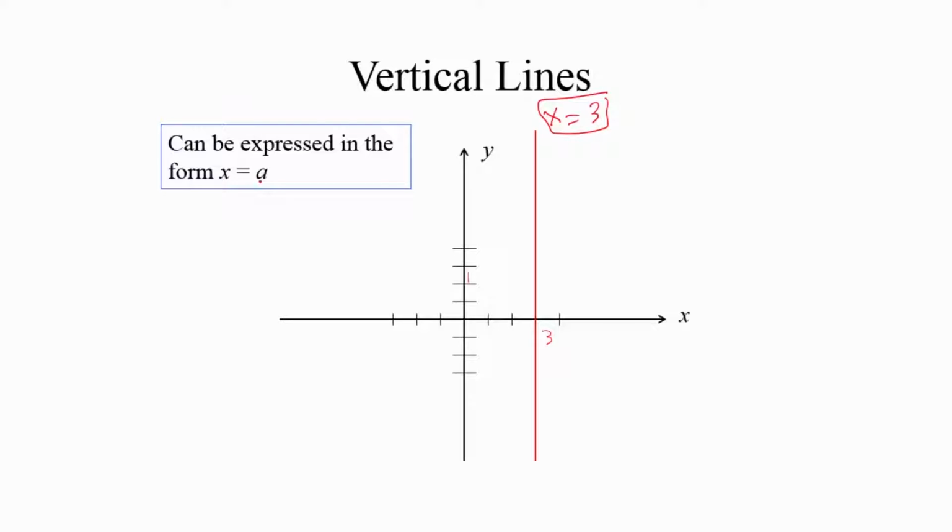So x is equal to a constant. So when you have x equal to a constant, in order to graph it, you know it would be a vertical line crossing the x-axis at that a, whatever a is, positive or negative. In this case, a is 3. x equal to 3. That's the equation of this line.